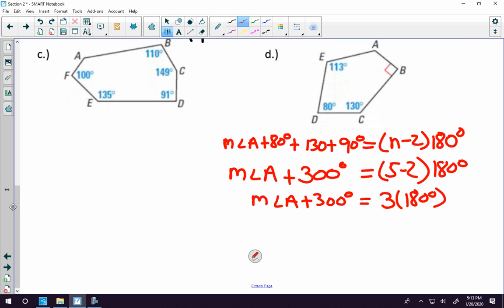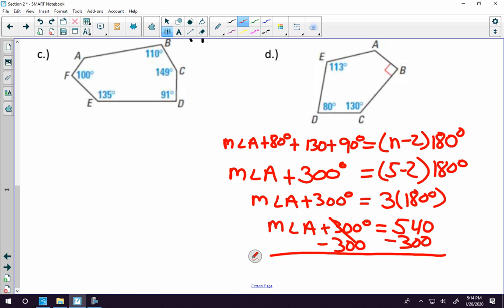As we work through this problem, the measurement of angle A plus 300 degrees is equal to 3 times 180, which will give us 540 degrees. Subtract 300 from both sides of the equation, and we get the measurement of angle A is equal to 240 degrees. So the measurement of angle A is 240 degrees.